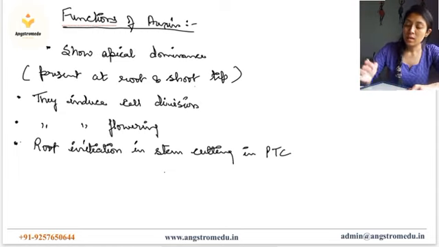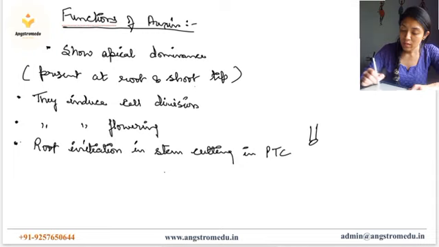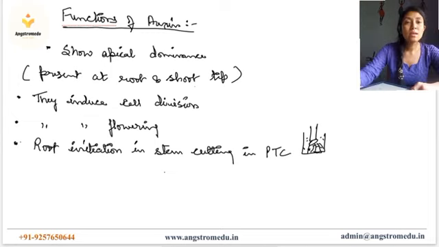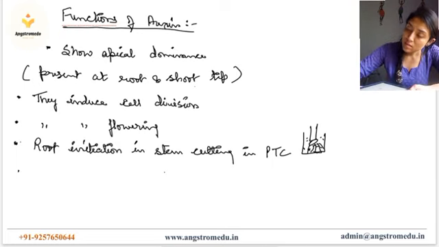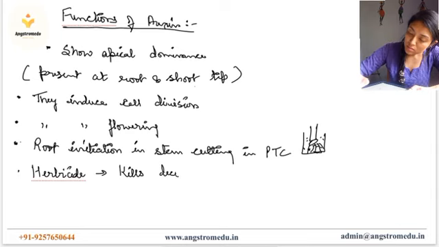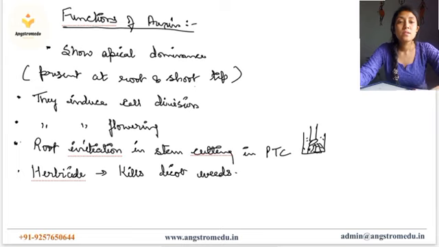So if we have cut a stem and provided a particular nutrient medium with auxin in it, auxin will induce rooting in that stem cutting. Then it also acts as a herbicide. It kills dicot weeds.